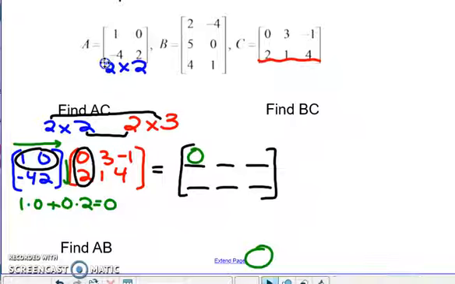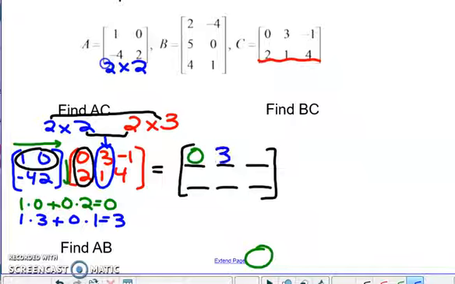Okay, now I'm going to go to the next one. First row times the second column. So notice I'm going left to right. 1 and 0, 3 and 1. So I'm going to go 1 times 3, 0 times 1. 3 plus 0 is 3.